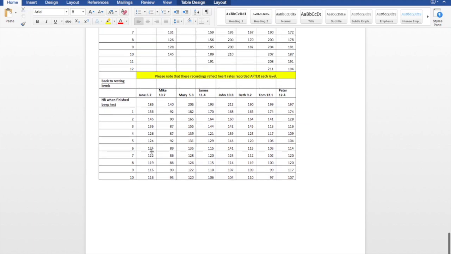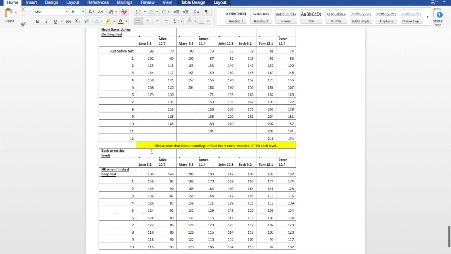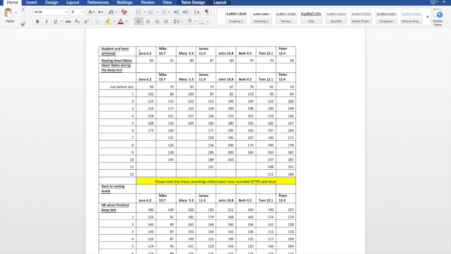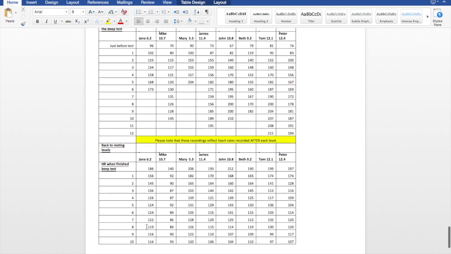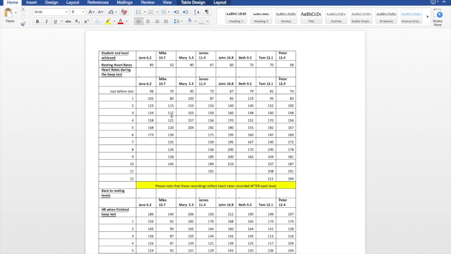To achieve that C grade, we're going to do some sort of graph that helps us analyse those 3 things: resting heart rate, what it was when they finished the bleep test, and what it was at the end of the recovery. To get up to those B and A grades, though, we're going to utilise all this stuff that's in the middle, so we can see clearly what's happening with those heart rates throughout the test and throughout the recovery.